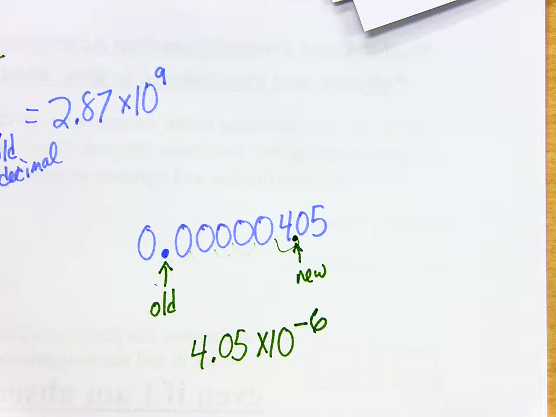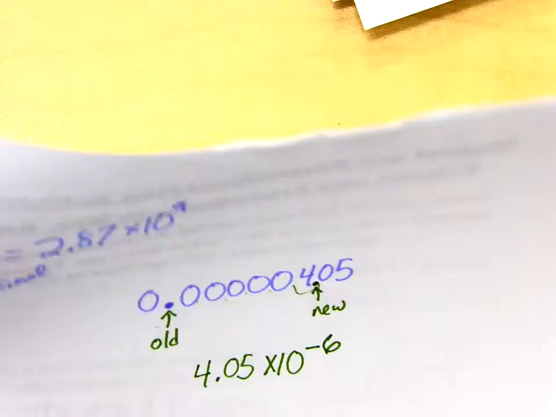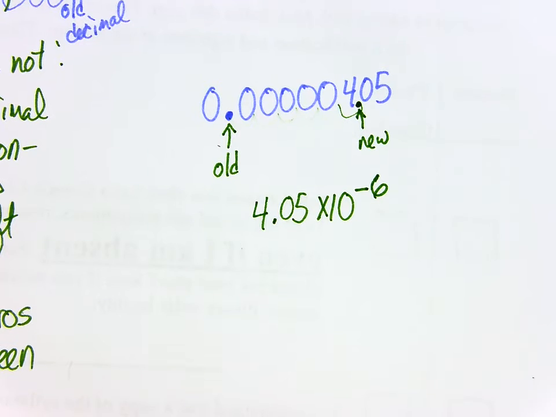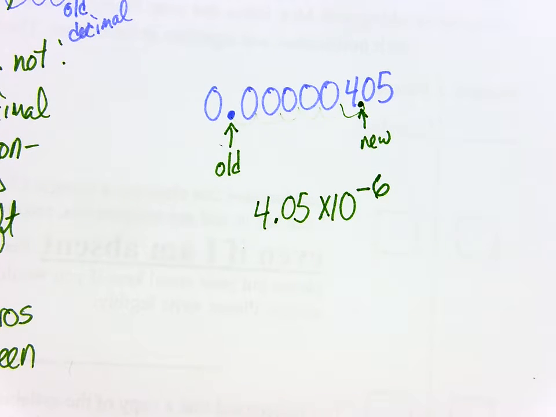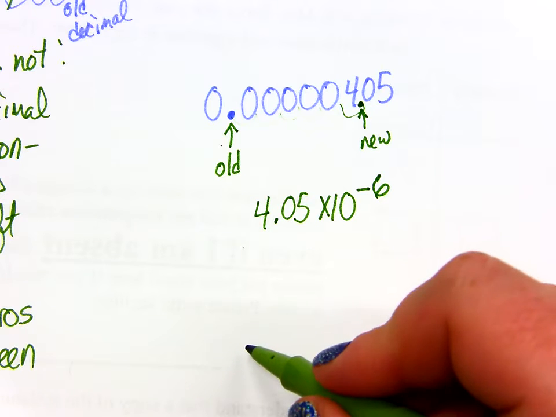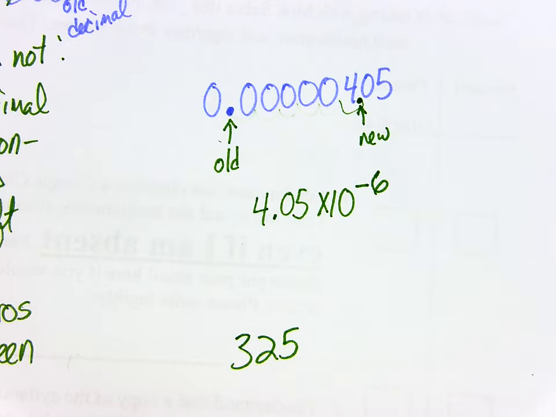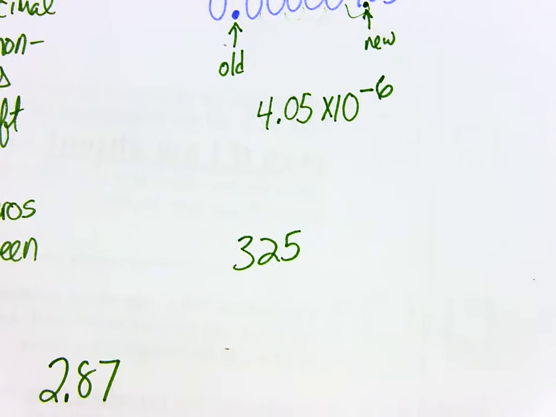Do you have a worksheet for us? Well, there's a lot more to it than this. This is it for just writing a number in scientific notation. But let me try and trick you. How about the number, oh, I don't know, 325. Write that in scientific notation.